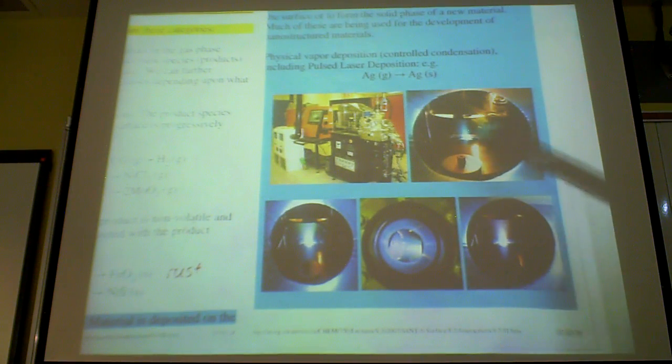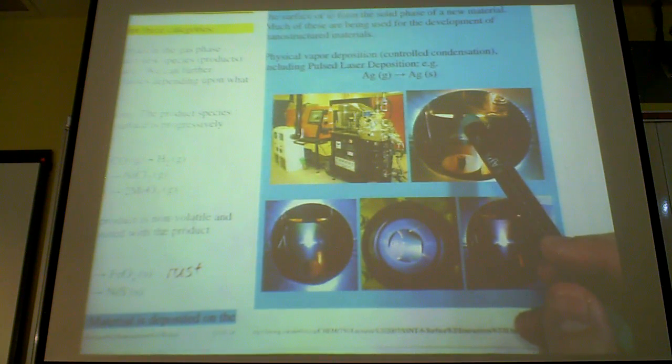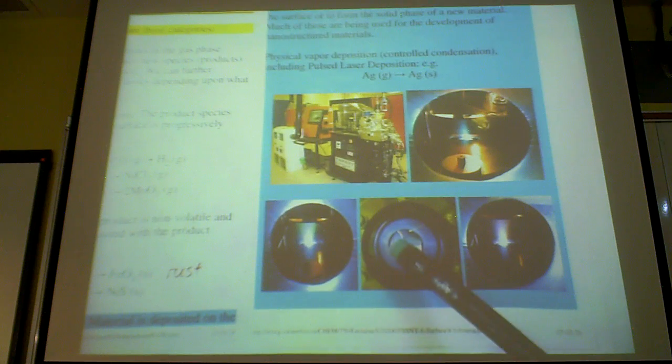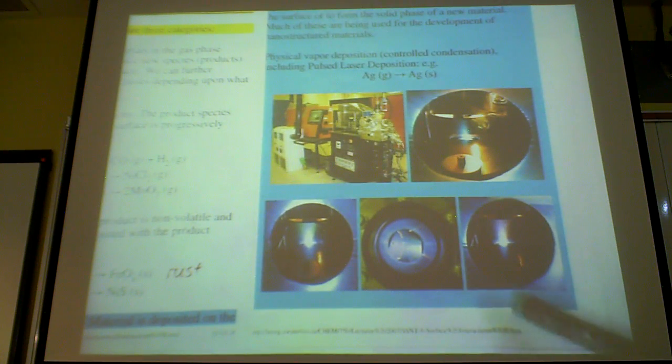The composition of the vapor is really complex, because you could have ions or electrons or neutrals in here, and your substrate is on top. In a different view down here you can see the little silicon chip that you just coat. This is another way of physical vapor deposition.